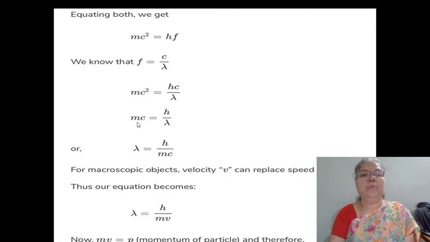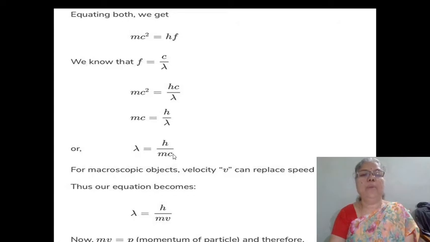Therefore, we can write m c equals h by lambda, or lambda equals h by m c. Then for macroscopic objects, velocity v can replace the speed of light.